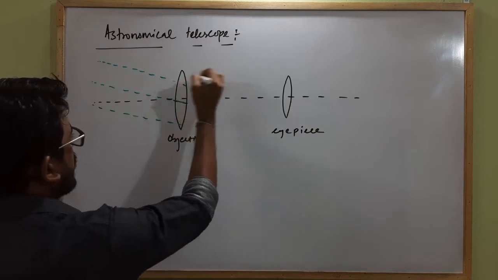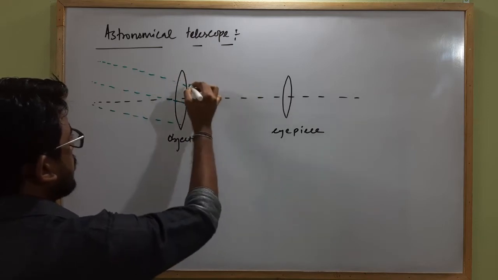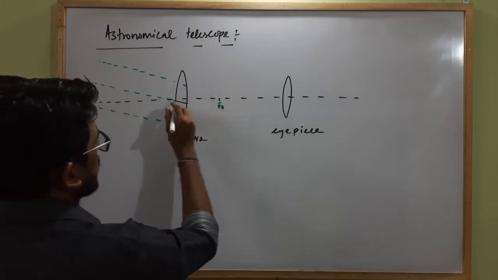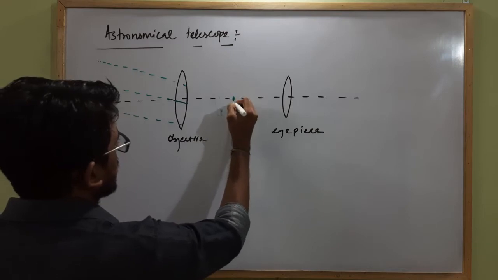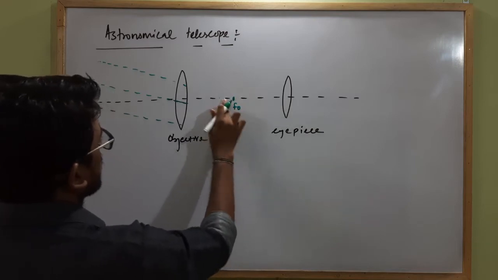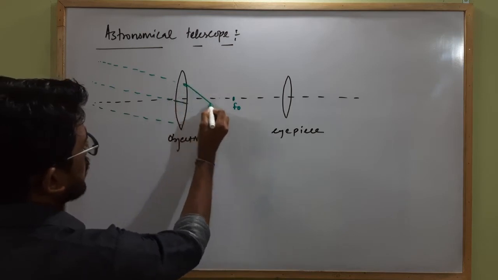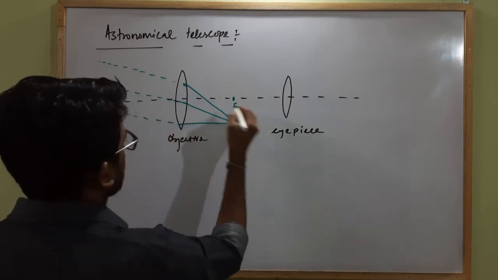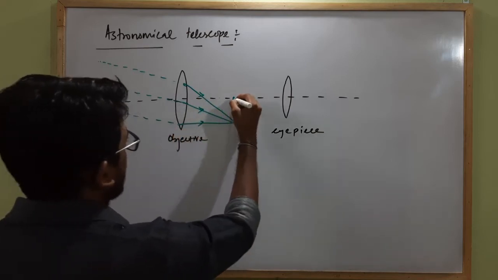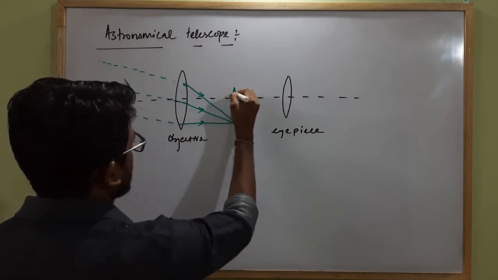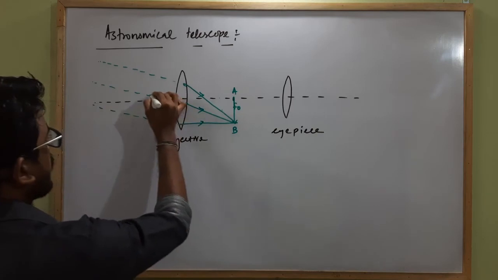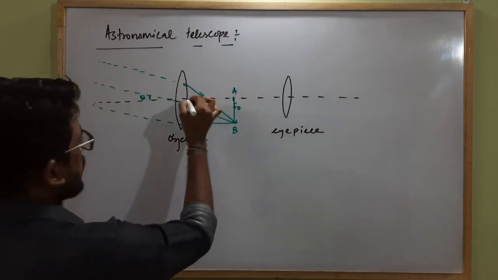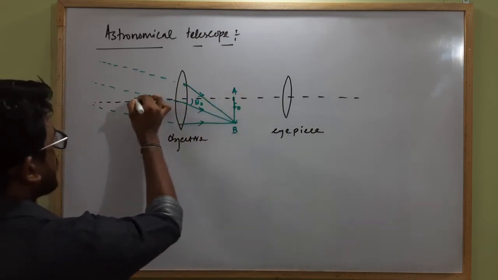So after refraction through the objective, with this being the focal length of the objective, the rays will meet at the focal plane, and this will be the image, let it be A B. As the object is at a very large distance, the angle made by the objective will be the same as the angle made by the eyepiece, so let it be theta naught. Clear?